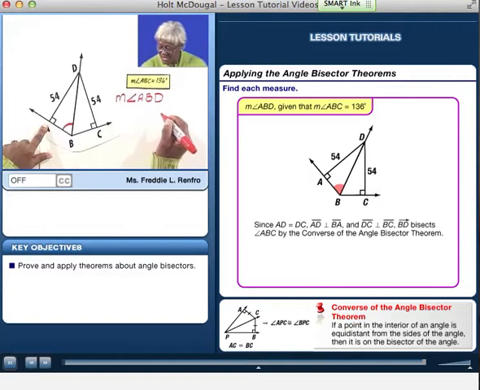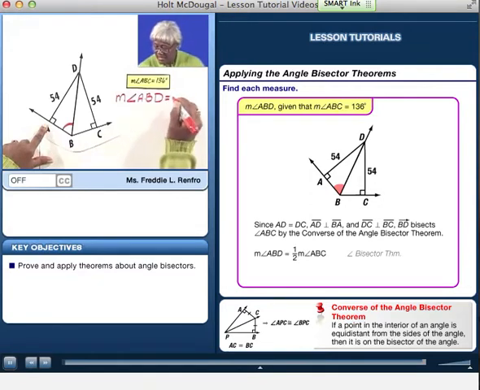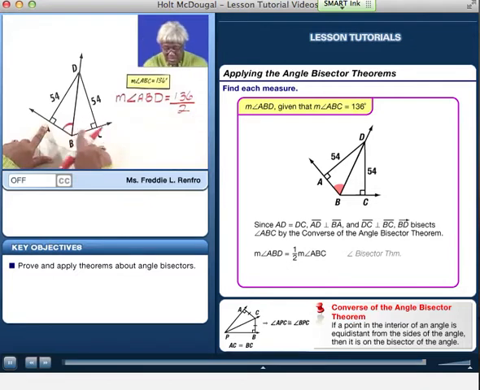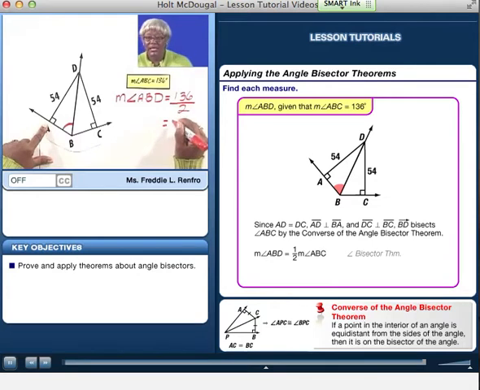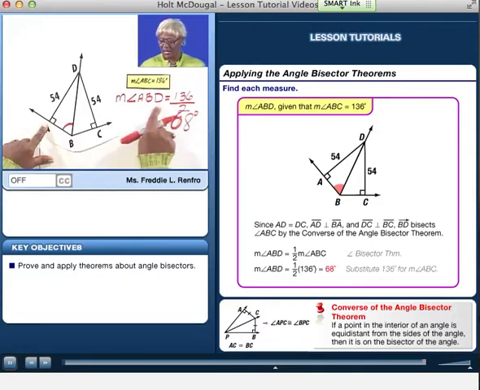Just simply divide 136 by 2, since I have two angles and they're both equal. And what do we end up with? 2 into 13, 6, 68 degrees. So the measure of angle ABD is equal to 68 degrees.